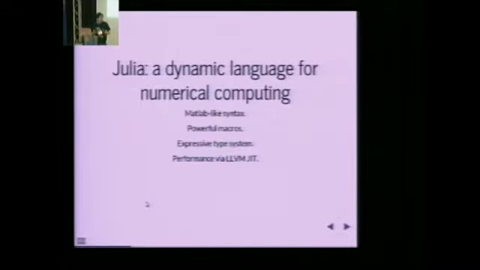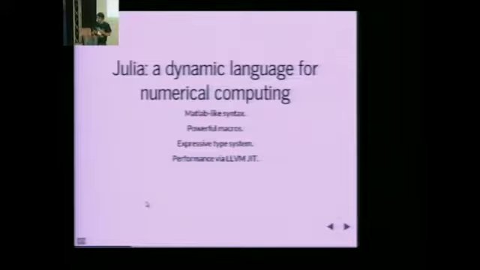Before we go deeper on this, let me give you some context. We implement this system in a language called Julia. It's a young language. It's a dynamic language, just like Python or R. It has a syntax that's very, very similar to MATLAB, so you can basically port your MATLAB program to Julia with little modification. There are two interesting aspects of Julia.